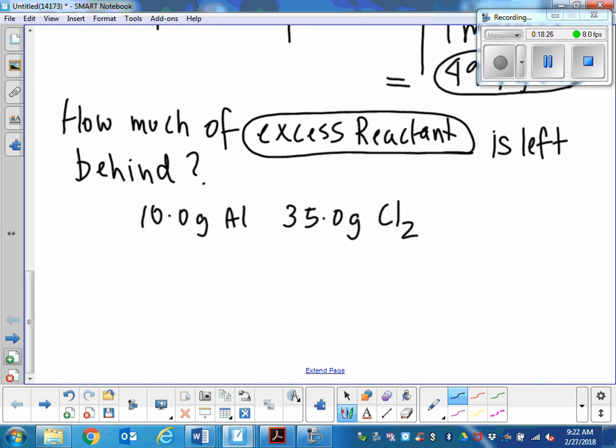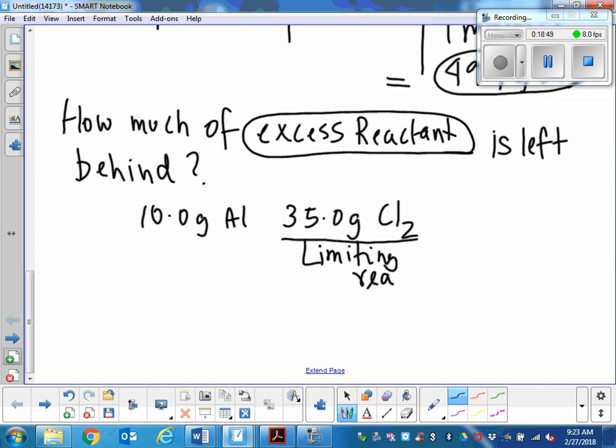How did we decide which was the limiting reactant? We can do it any one of the 2 ways. We can convert to moles, or we can find the product and find out whichever is lesser. Which did we decide was the limiting reactant? Did we decide that this was the limiting reactant? Correct?